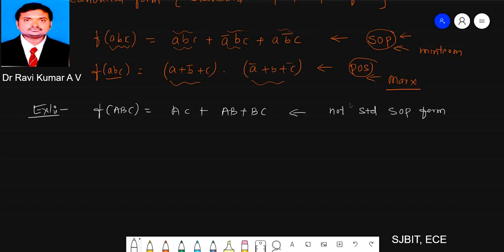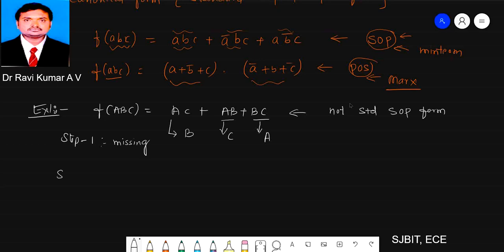So the first step is to find the missing literal in each term. Here the missing literal is B, here the missing literal is C, and here the missing literal is A.